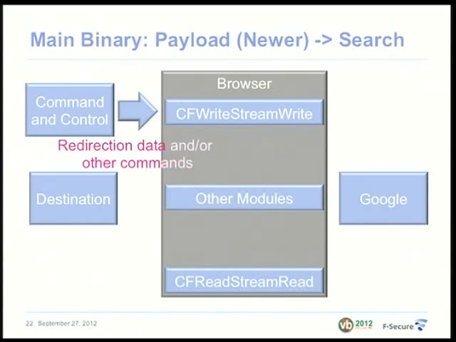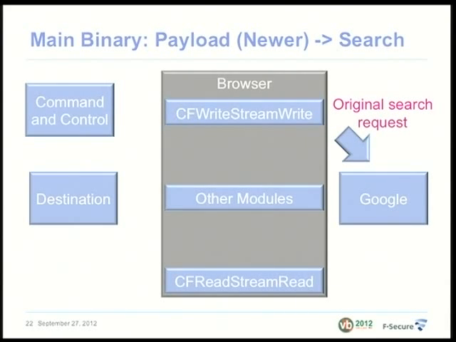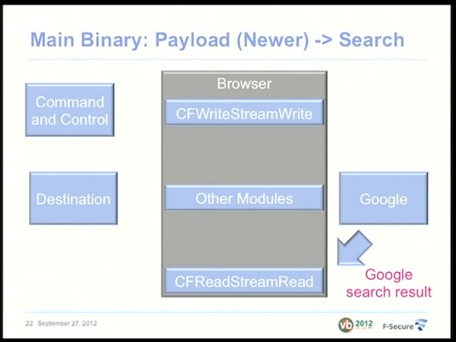In return, the command and control server may issue redirection data and/or other commands. And at the same time, the hook will send the original Google search request to Google to get the actual result. But for now, the CFReadStreamRead hook doesn't do anything unusual and simply hands back the actual Google search result to the browser.